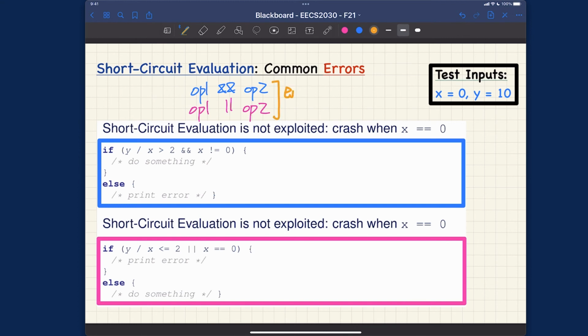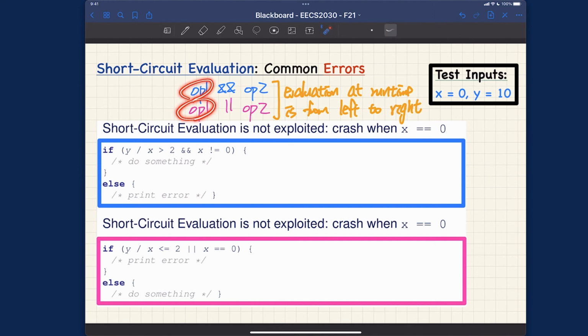Evaluation at runtime is from left to right rather than simultaneous, meaning that we evaluate operand number 1 first. In case of conjunction, if that's already false, we don't bother with operand number 2.